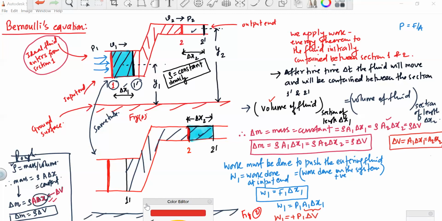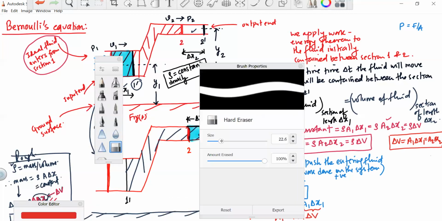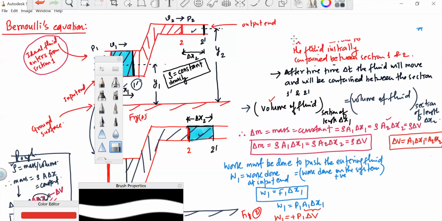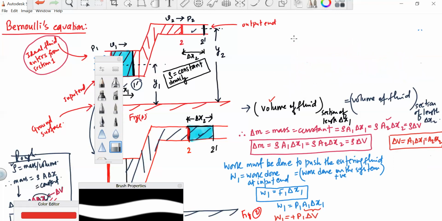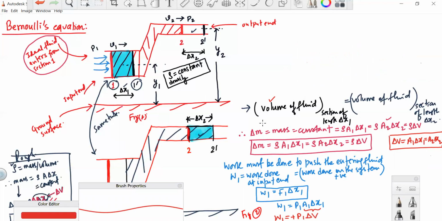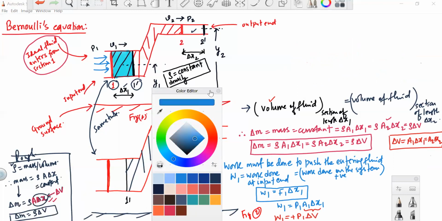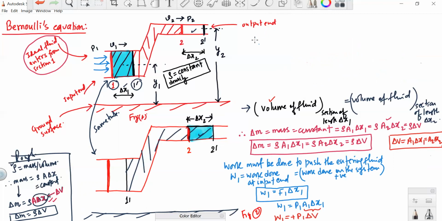Now, in same way, let me erase this. So we have to find work done.